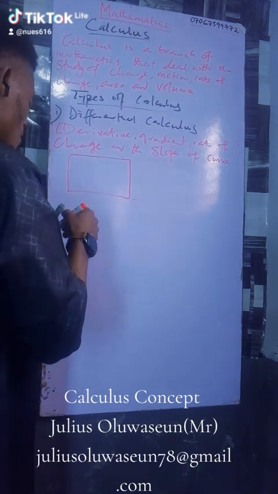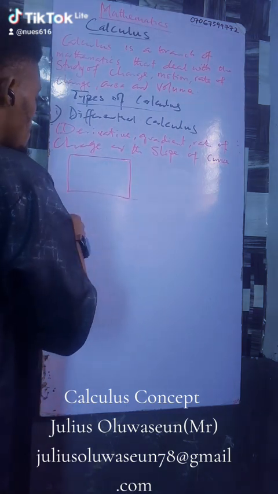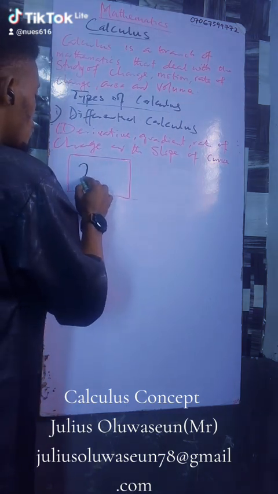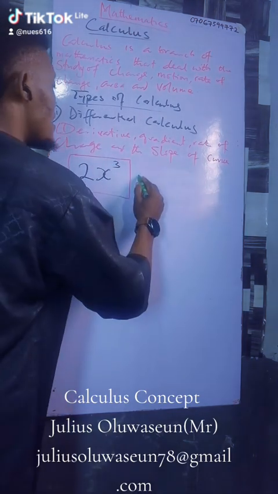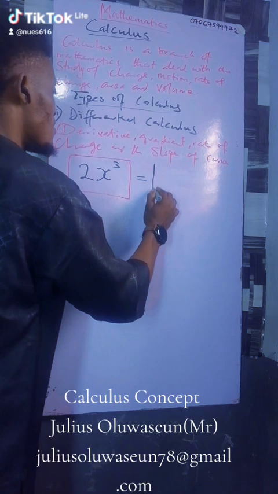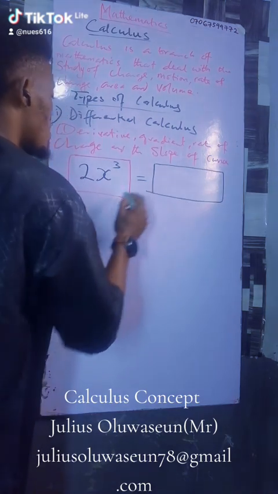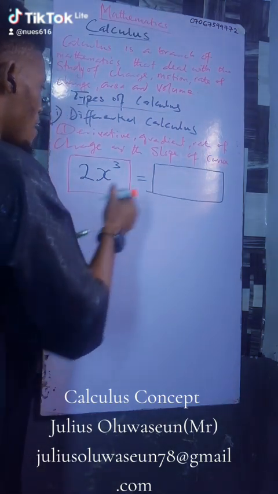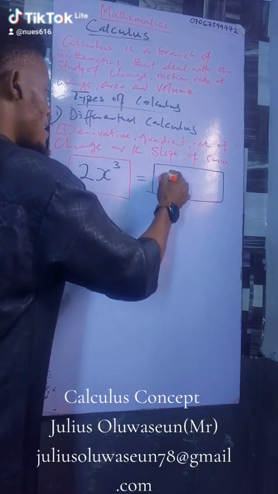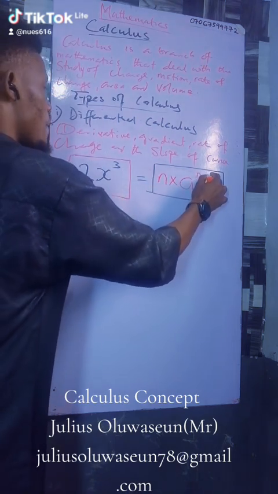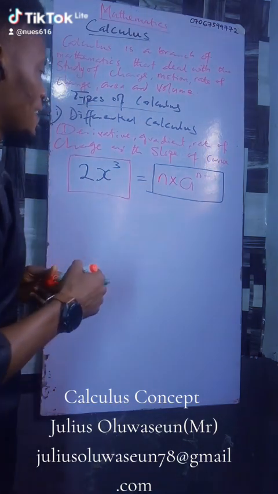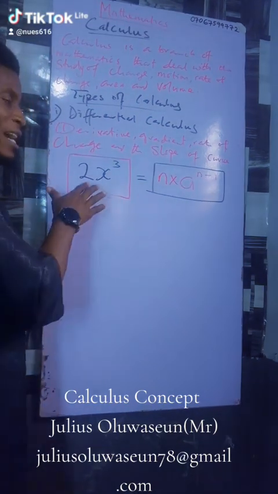If we have something like 2x power 3, the interpretation is that we can make use of n times a power n minus 1.